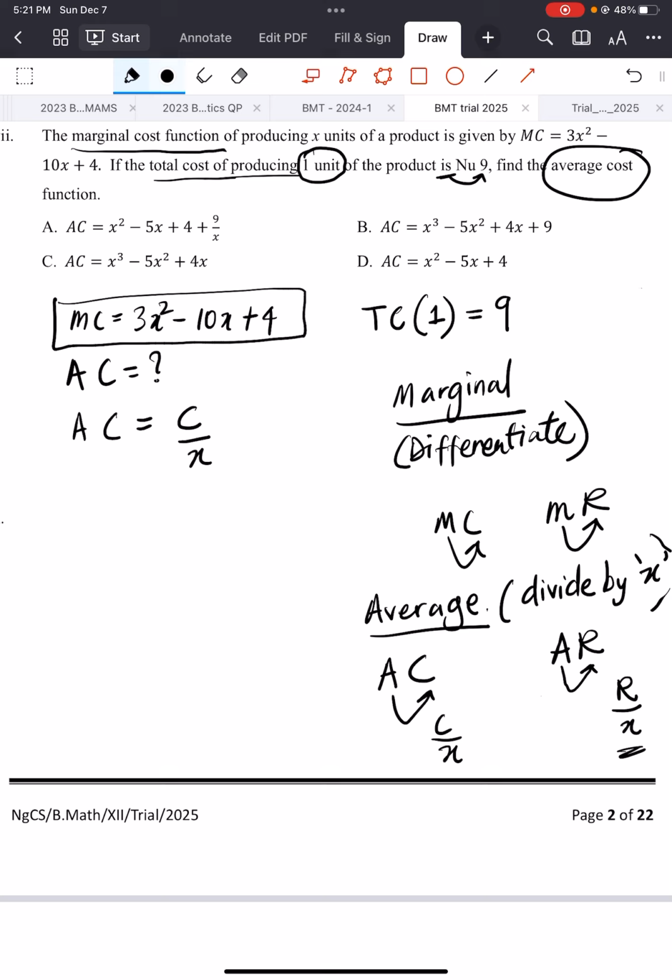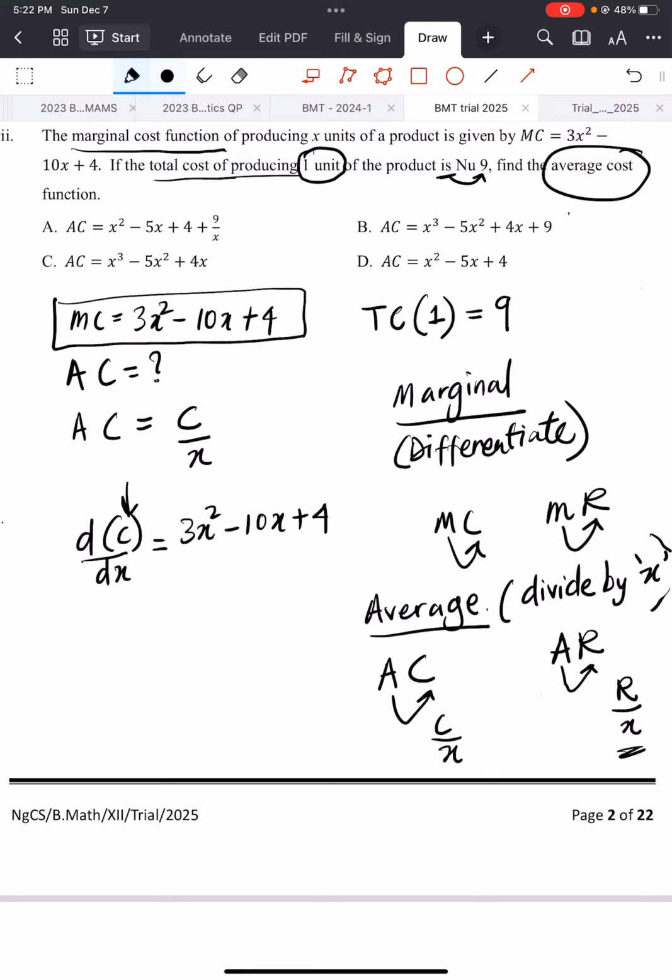So marginal means differentiate cost. When you have differentiated cost, that is the marginal cost, but what you want is just cost. So you can use the definition that differentiation and integration are opposite to each other.